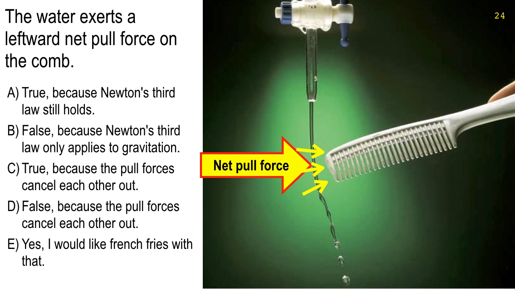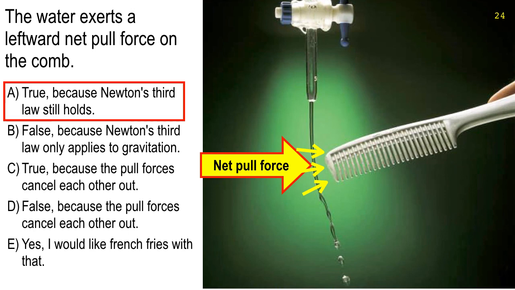All right, go ahead and show this. Good. Nobody voted for E, but a bunch of you voted A is correct. And let's go back to the display. A is correct. The other ones, no. Newton's law applies to all forces.